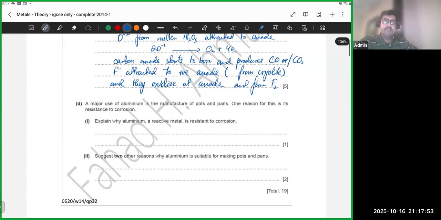And then there are 3 more. 16 plus 3, that's 19. 19 marks just on extraction of aluminium. So somebody forgot to do extraction of aluminium, that's almost close to 25% of your paper. So just make sure that the metal chapter is very important, ठीक है? Especially because you're going to get very big questions on this.